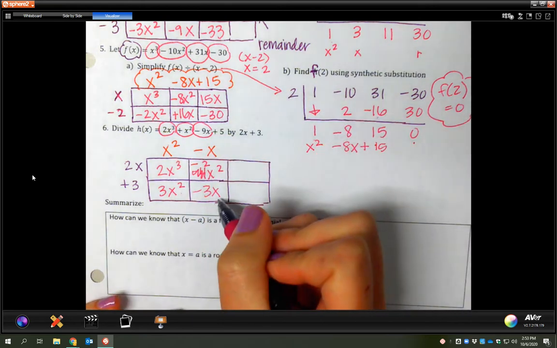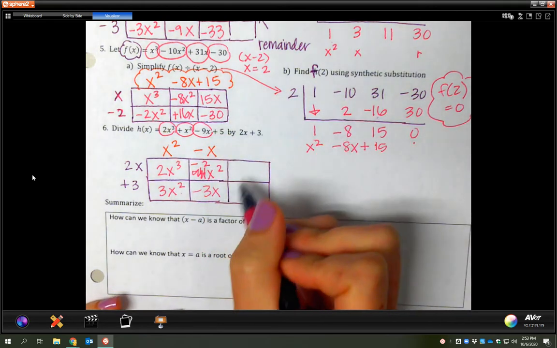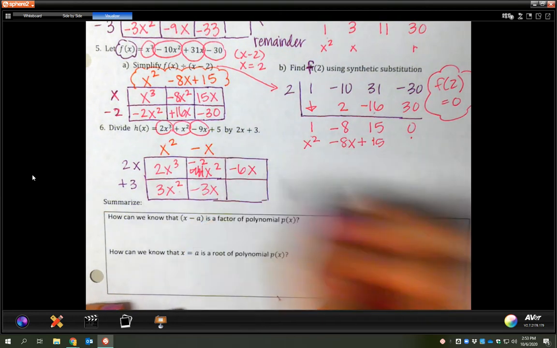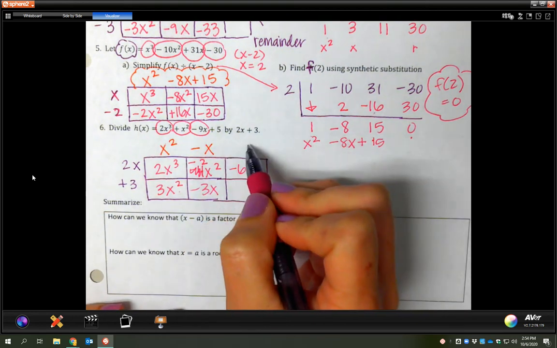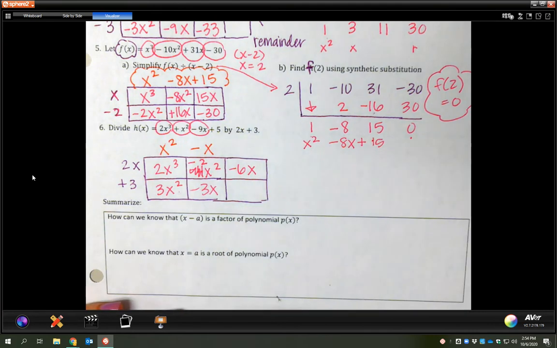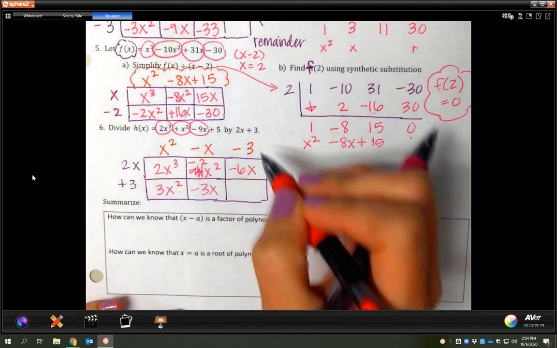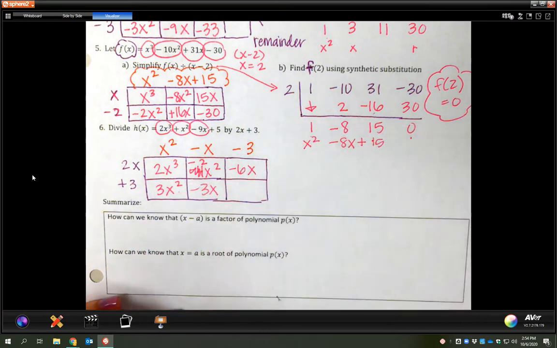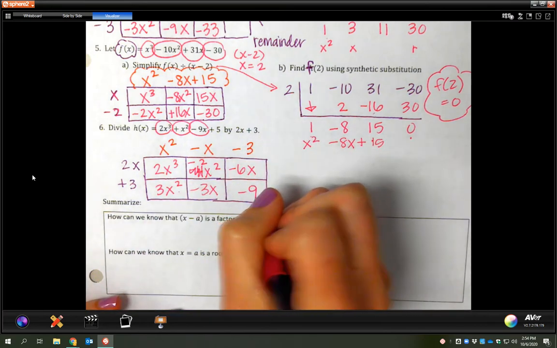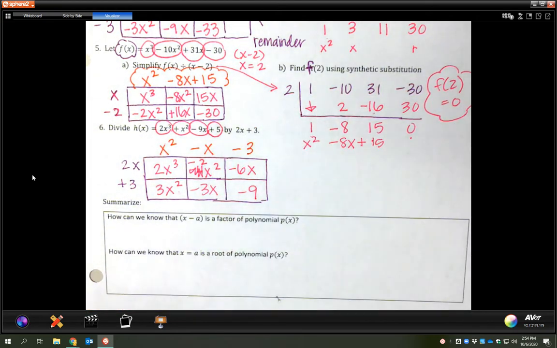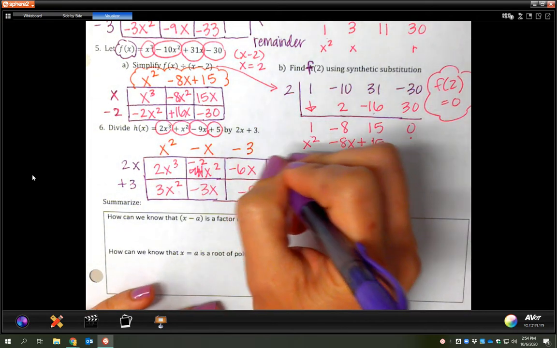I have a negative 3x so far, but I want these two to add up to negative 9x, so I need to put a negative 6x. And then I go to the top and figure out what multiplies to 2x to get negative 6x: negative 3. 3 times negative 3 is negative 9. And then I go to the last term and see if it's negative 9. It's not, so I need to keep going. I want it to be 5, not negative 9.